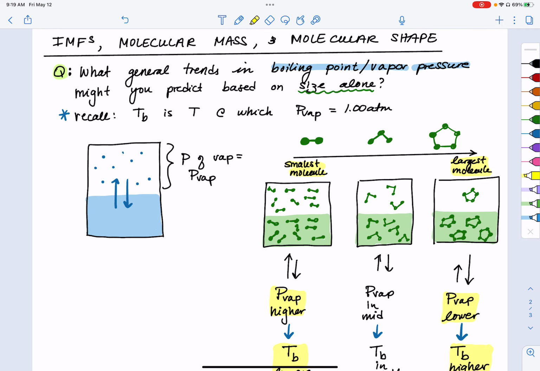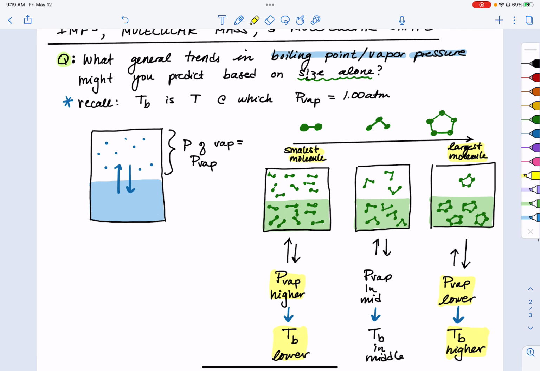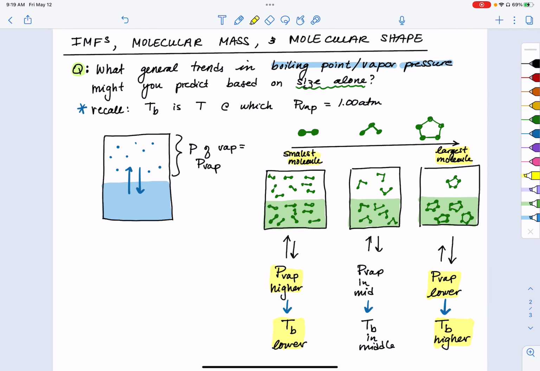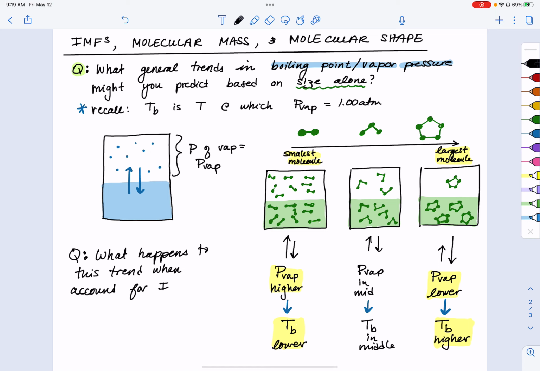So I'm going to split this little conversation up into two videos, because now what I want to do is add on to this question and say, what happens to this trend when you account for the intermolecular forces that are at play between our molecules.